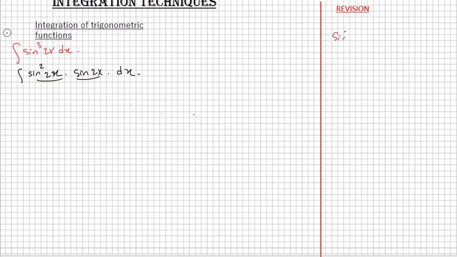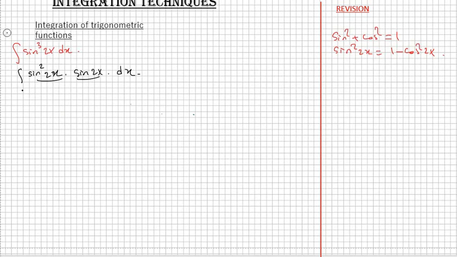So you know that sine square plus cos square is equal to 1. When the exponent is odd, we always think of using this identity. So now I can write this sine square in terms of cos. I can say sine square of 2x is equal to 1 minus cos square of 2x.